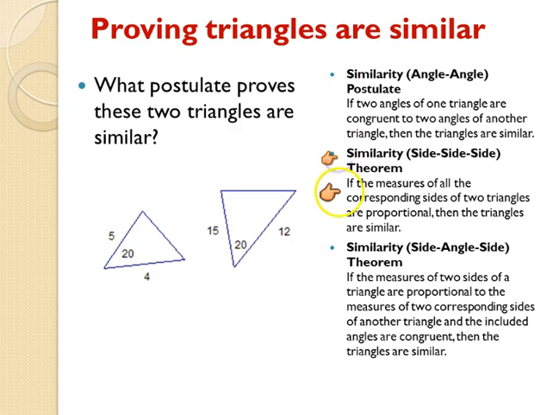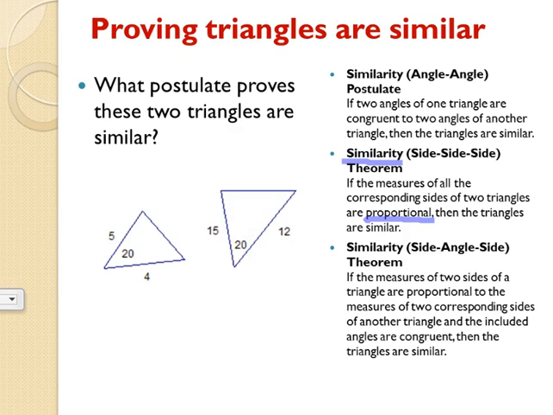The next one is side-side-side. This is going to look familiar. If the measures of the corresponding sides of 2 triangles are proportional, so here we've got a different word, proportional, where before to prove that 2 triangles are congruent, they had to be congruent. But now, because we're proving that they're similar, we just need to prove that all 3 corresponding sides are proportional.